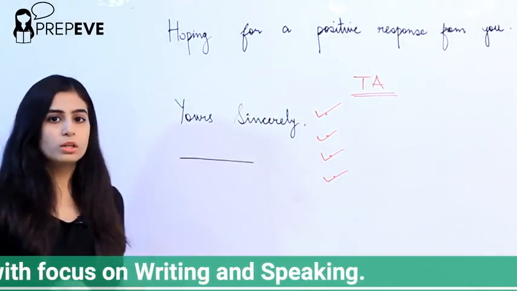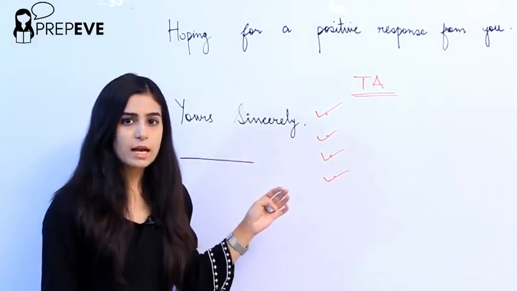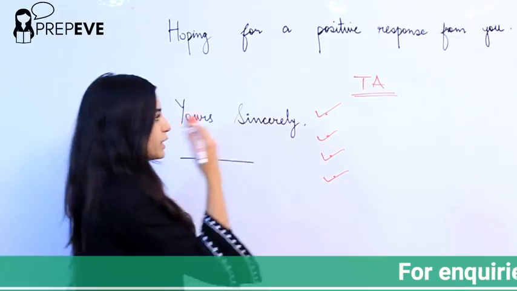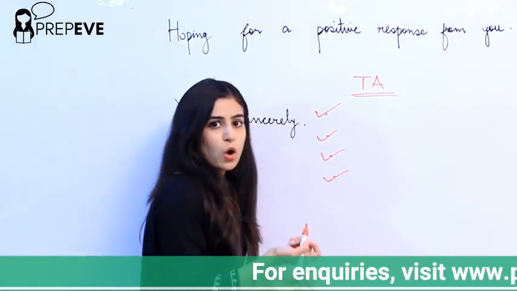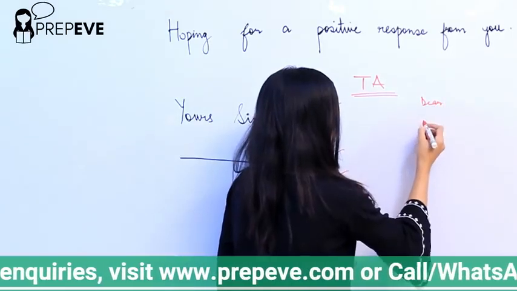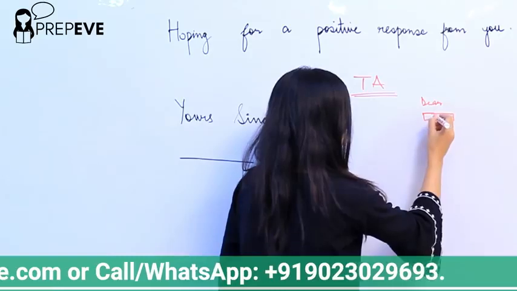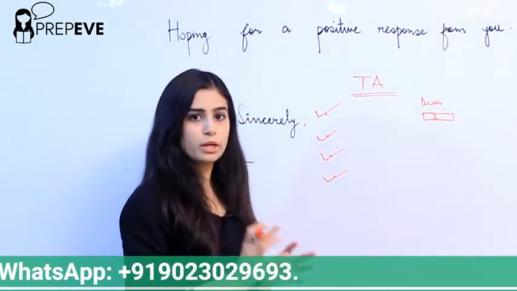Now coming to the structure. Yet again, while we are achieving the tasks at hand, we have also created an outline or structure for our own self. We start with dear, then we come to the reason of writing the letter and the first paragraph, which consists of the first bullet point.